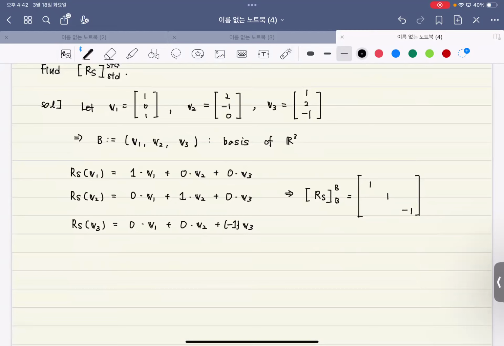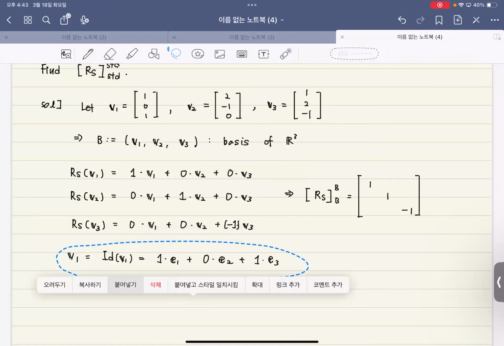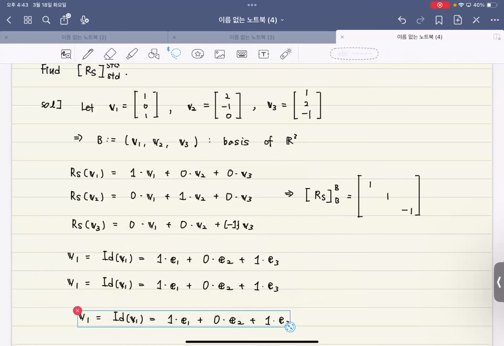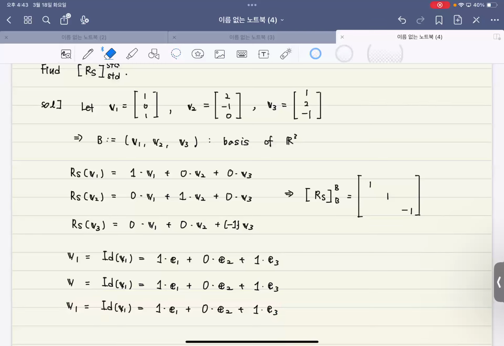Now for the change of basis matrix. The identity applied to V1 is 1 times E1 plus 0 times E2 plus 1 times E3. V2 is (2, -1, 0), and V3 is (1, 2, -1).